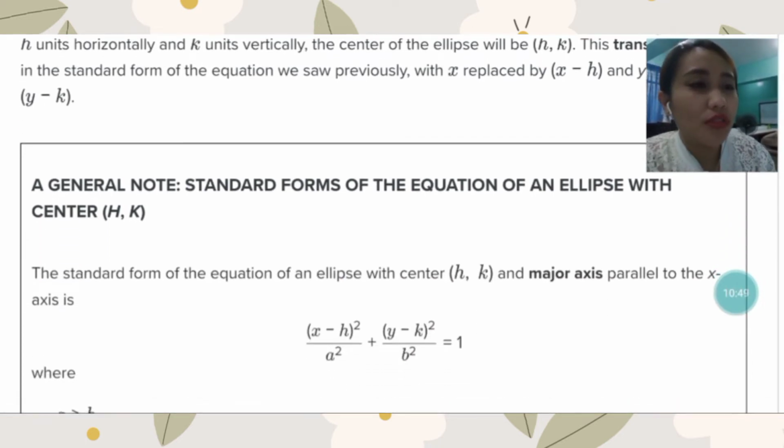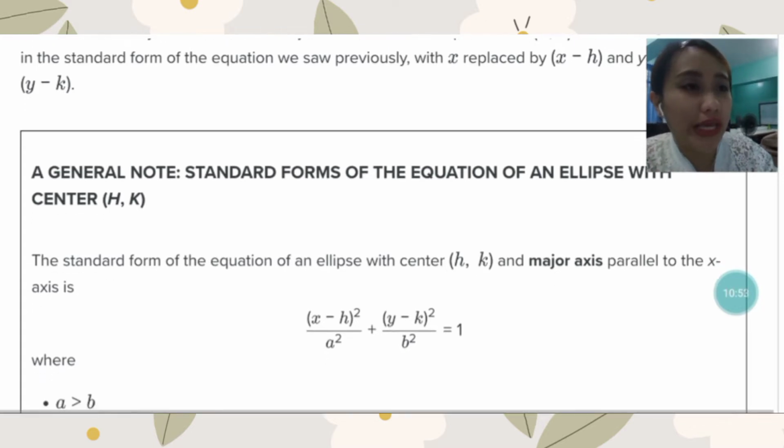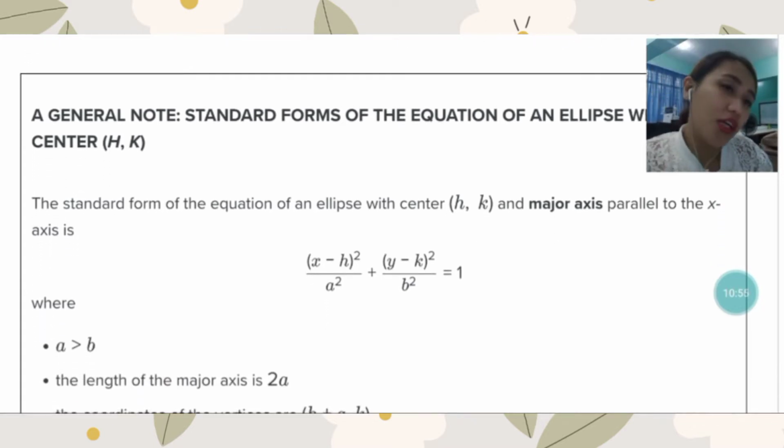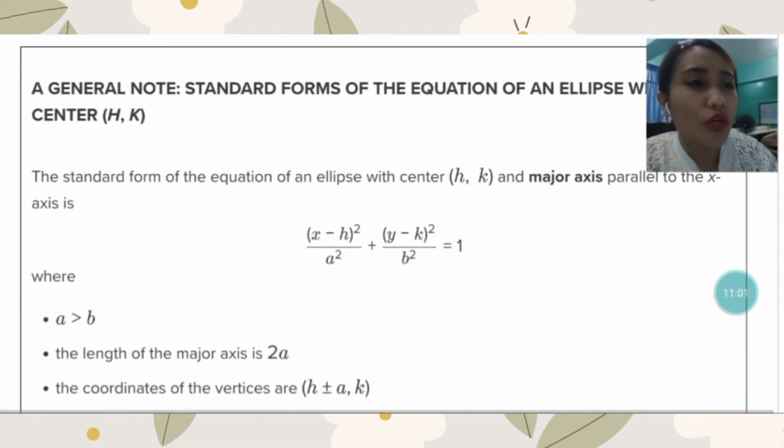So, general note, standard forms of the equation of an ellipse with center (h, k). Meaning, if we say (h, k), the center is not anymore at the origin. First, the standard form of the equation of an ellipse with center (h, k) and major axis parallel to the x-axis.